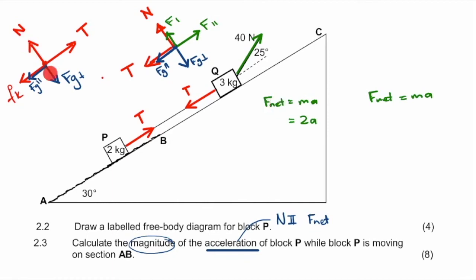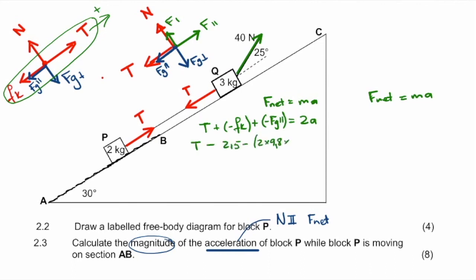Remember, we don't need to look at the perpendicular direction, that's going to cancel out. We only need to look at the direction of movement, and upward is our positive. So here it would be T minus the friction minus the gravitational parallel component, and then we just have to substitute. And then we end up with T being 12,3 plus 2a.